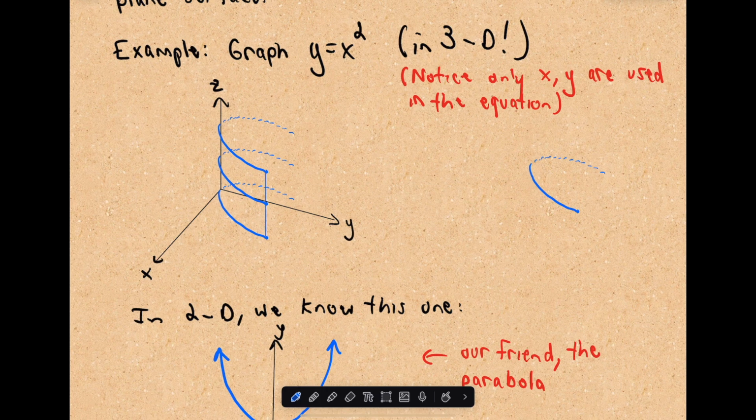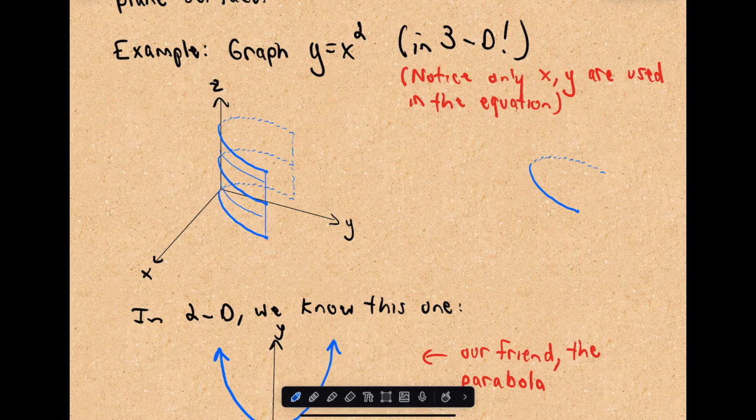Again, this is going to extend infinitely, up and down, and just like a normal parabola, it keeps extending in the positive y direction. Our cylinder here is going to go infinitely in the positive y direction, and we could connect these in the back. If we take all these horizontal slices, we're just going to get the cylinder y equals x squared.